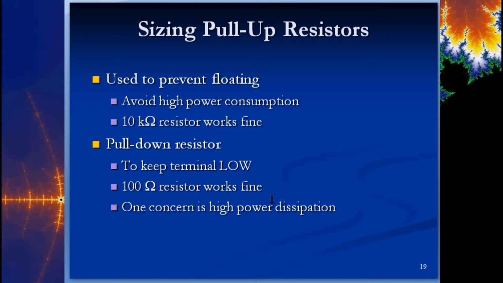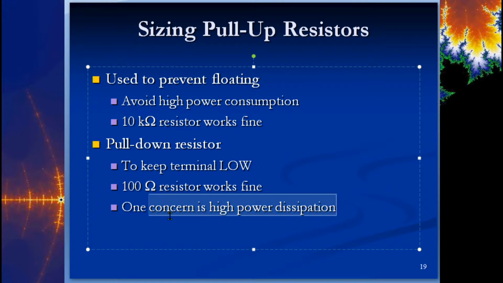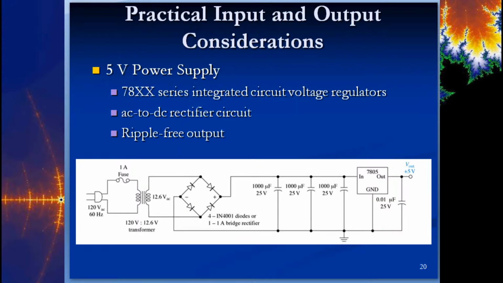But because it's a 100 ohm resistor, that's not very much resistance. However, it is going to cause a small voltage drop, and there's going to be a little bit of current associated. So you're going to have almost like a leakage current if you use a pull-down resistor. Like it says here, high power dissipation, because you would have to keep this low, you would have a high current, or a current that's constantly running anyway.